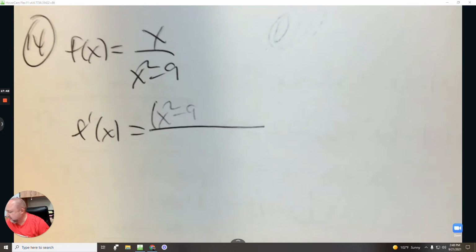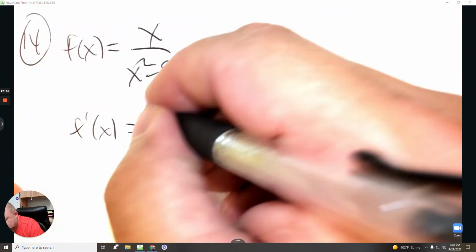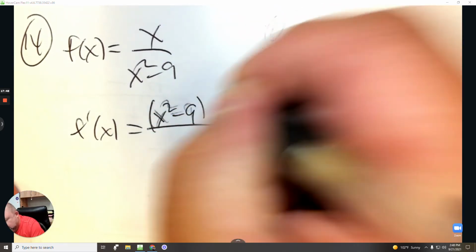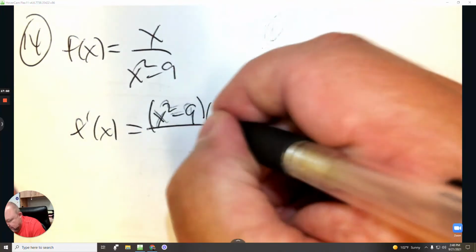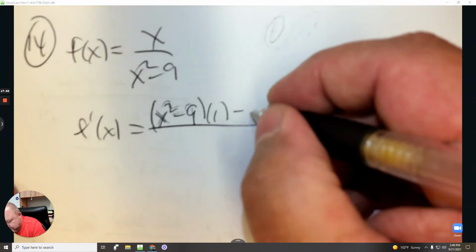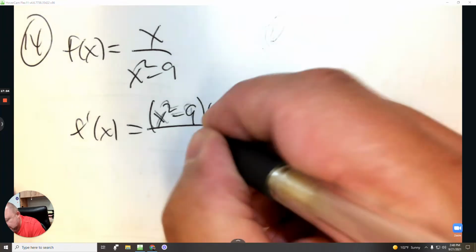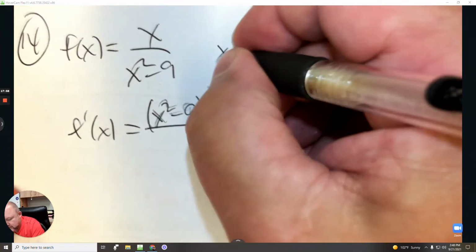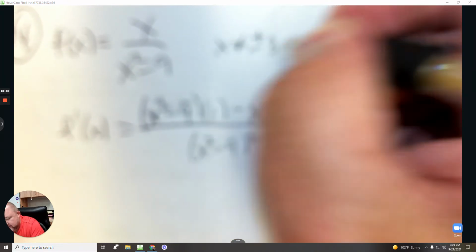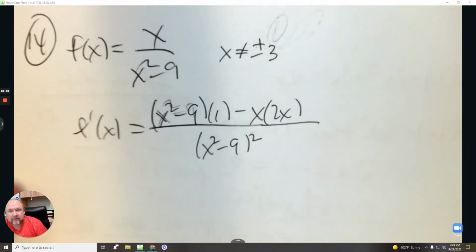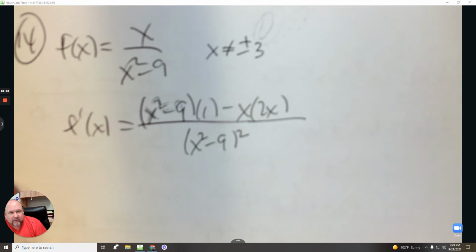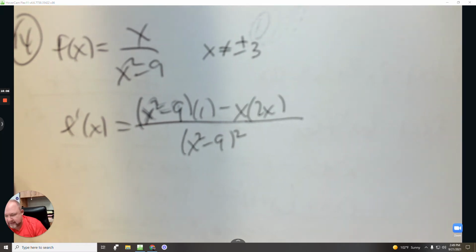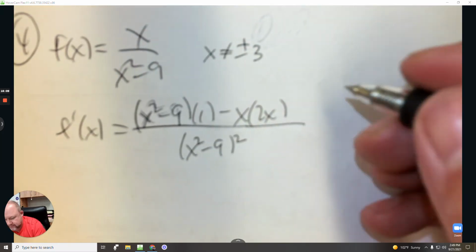I'm going to try a different pen. So the bottom times the derivative of the top minus the top times the derivative of the bottom, and then the bottom squared. Recognize the domain restrictions are at positive and negative 3. We need them for our number line, but they are not turning points. They're asymptotes, so we need to remind ourselves of that.